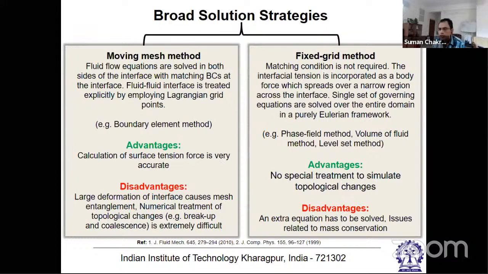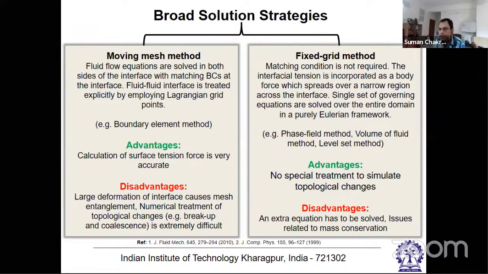And therefore it is not difficult, in case you have tracked the interface properly, to prescribe the surface tension force at the interface.